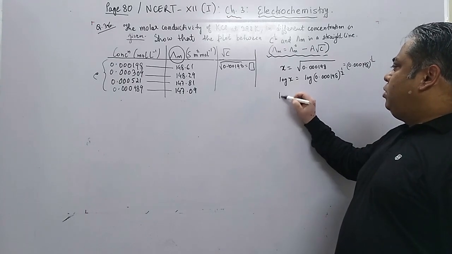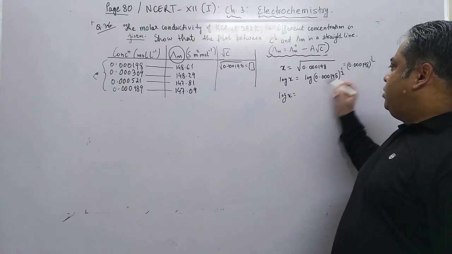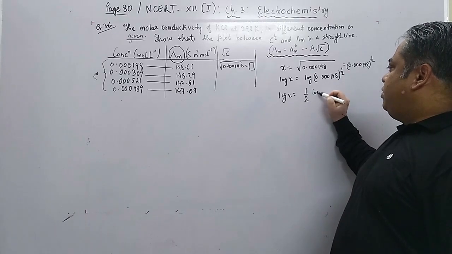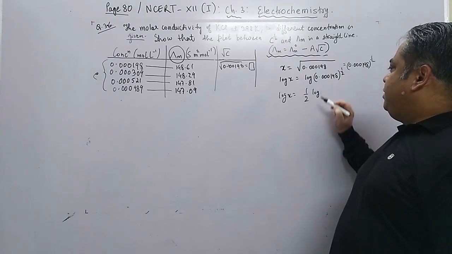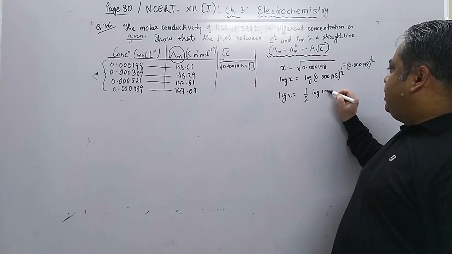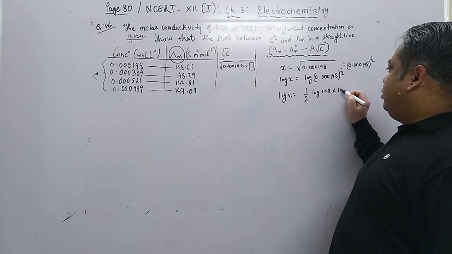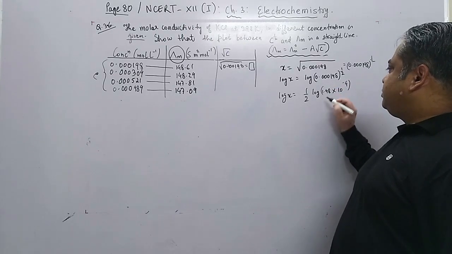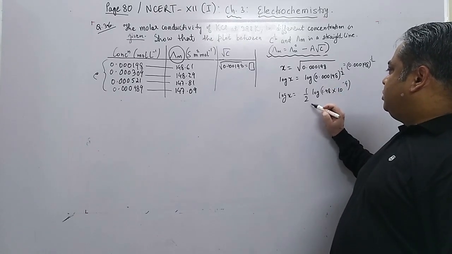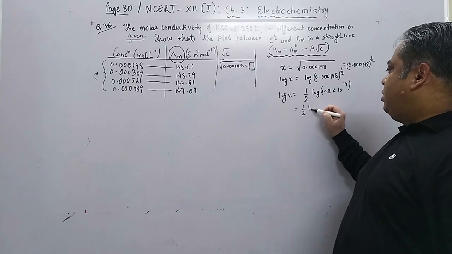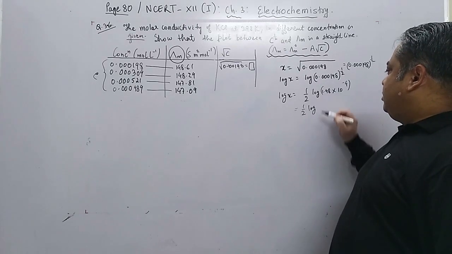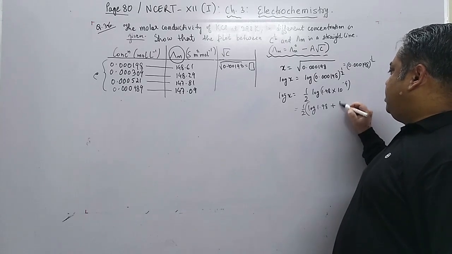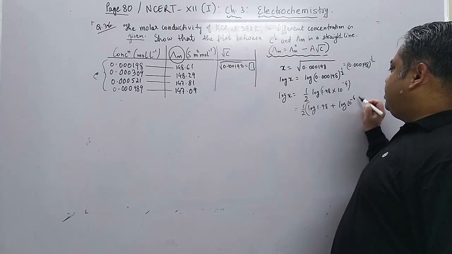So log x will be equal to half, and the value of log of this can be further written as 1.98 into 10 to the power minus 4. So this will become 1 by 2 log 1.98 plus log 10 to the power minus 4.